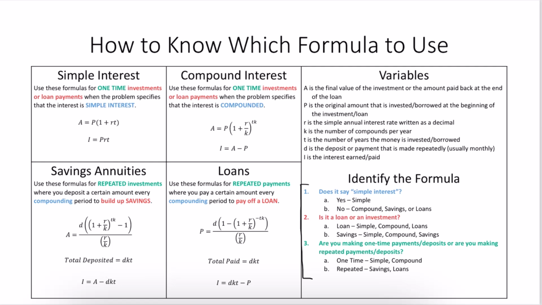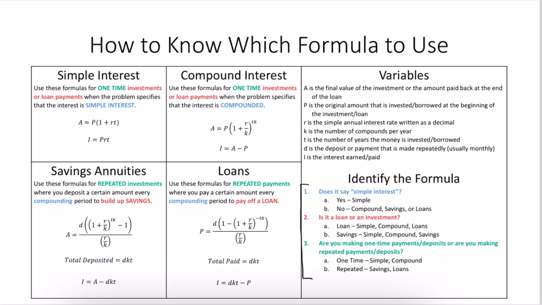So the first question that you can ask when you're reading through a word problem is, does the word problem say simple interest somewhere? You know, it might say that there's a simple interest rate. It might say that the interest is calculated on a simple interest rate of this, but you're looking for the word simple interest.